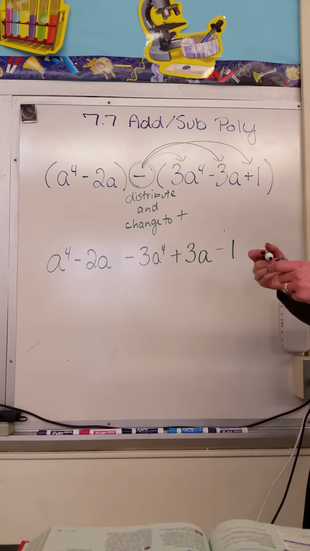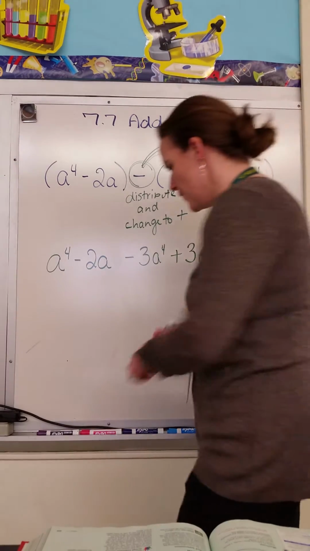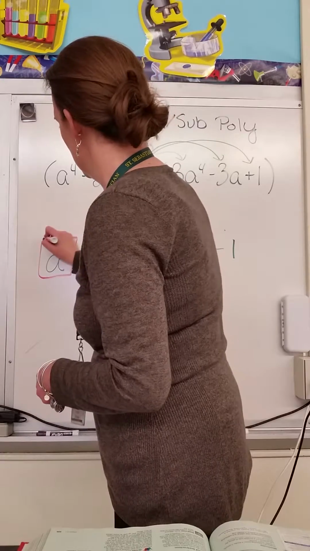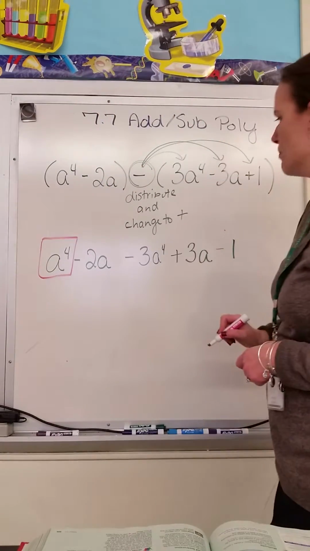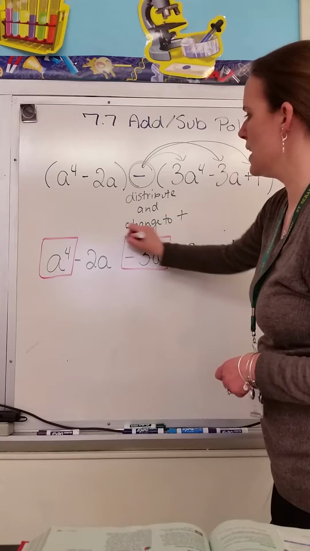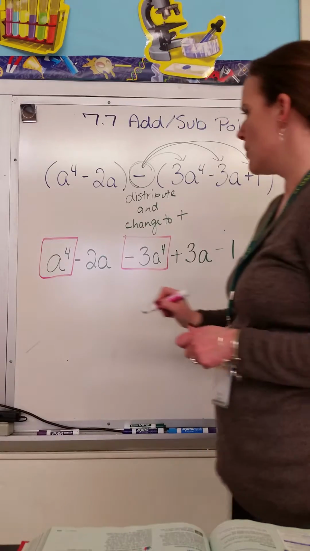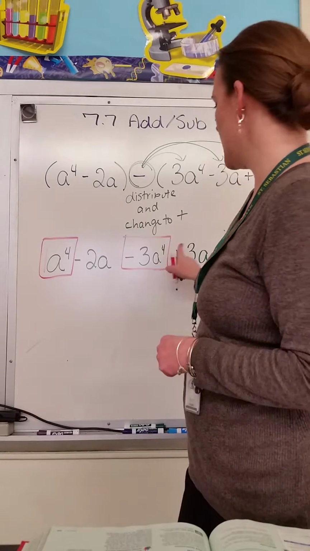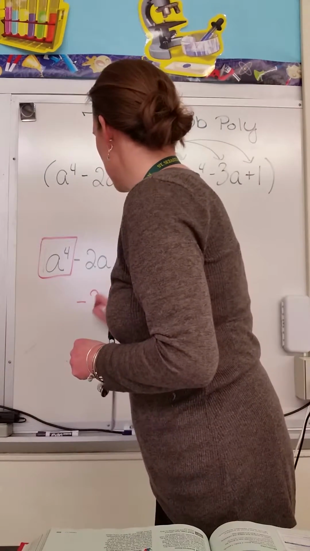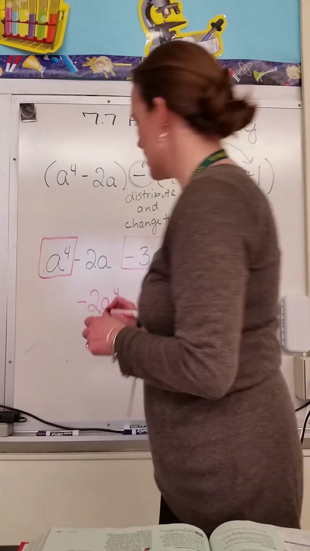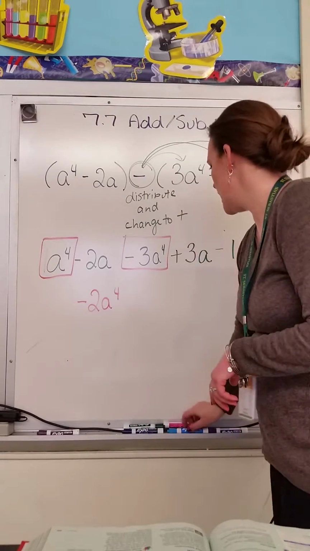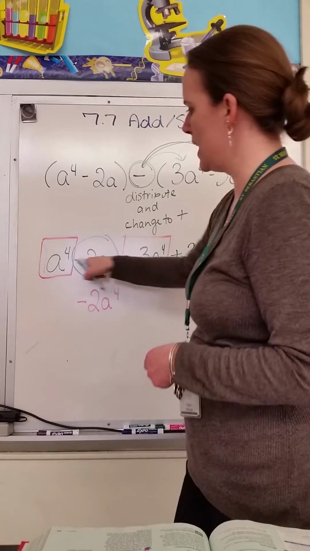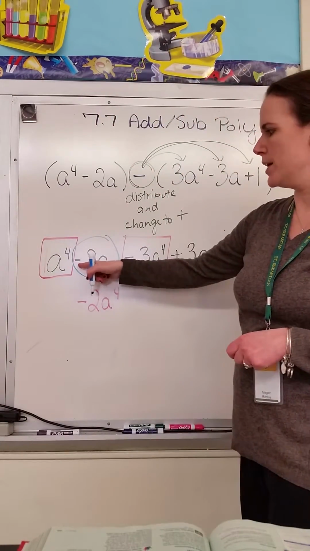So you're just going to combine your like terms. First, I'm looking at this 1a to the 4th, and I would combine that one. So 1a to the 4th minus 3a to the 4th gives you negative 2a to the 4th. Then I've got this negative 2a, because you're always looking at the sign directly in front.